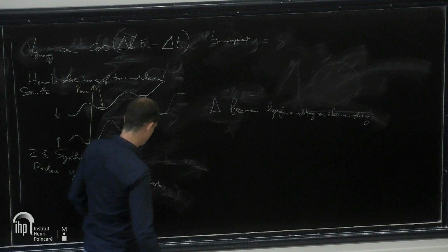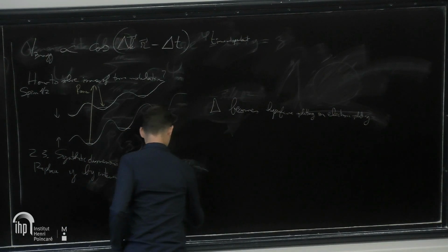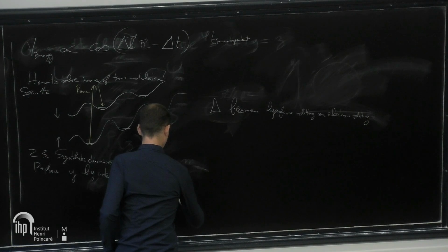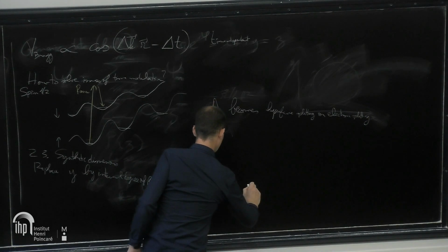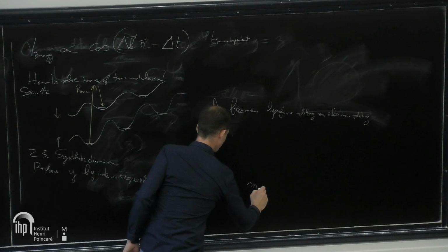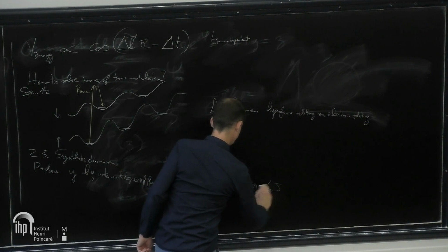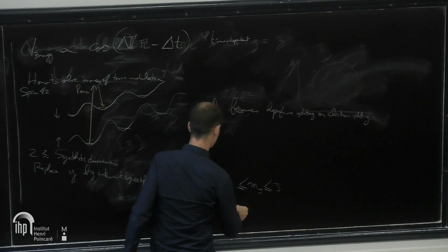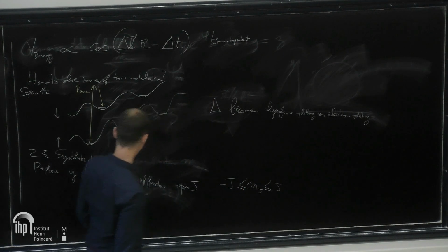There are different possibilities, but what I will use is the spin of the atom, so a spin j, and the dimension will correspond to the values mj of the spin projection along a given axis. So it will take half integer or integer values between minus j and j.